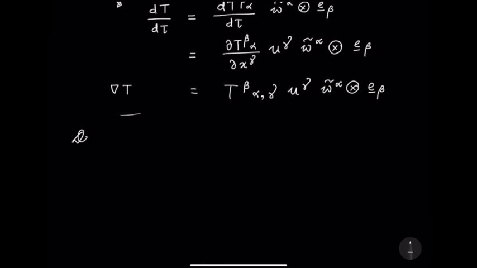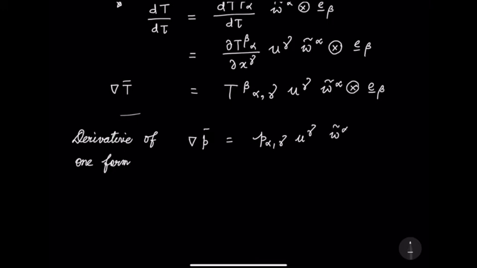So for example, if I have a derivative of one form, so say p, that will be p alpha comma gamma u gamma, and then w alpha.